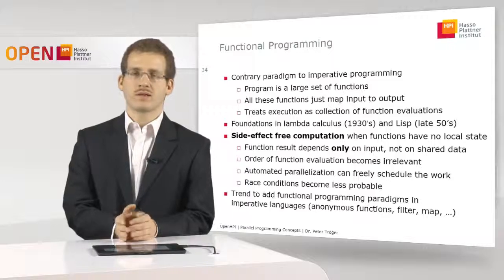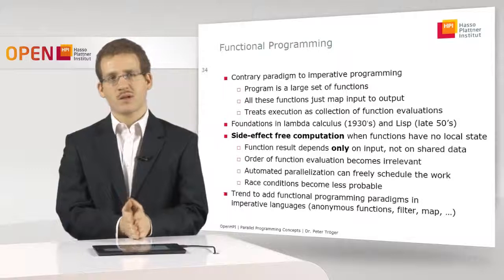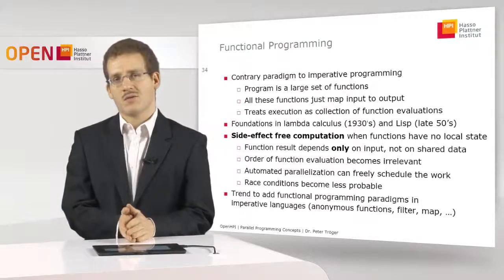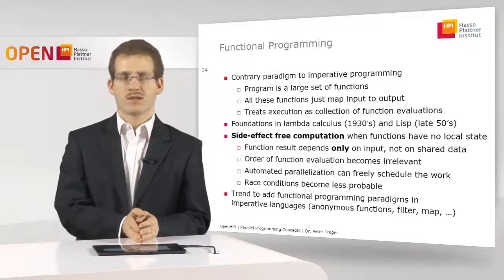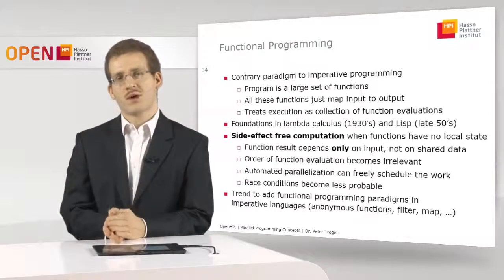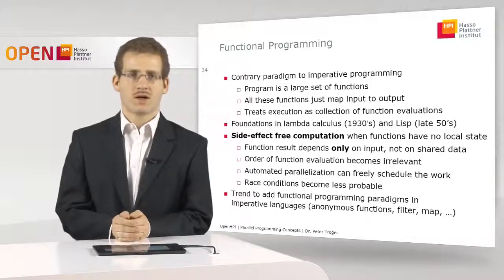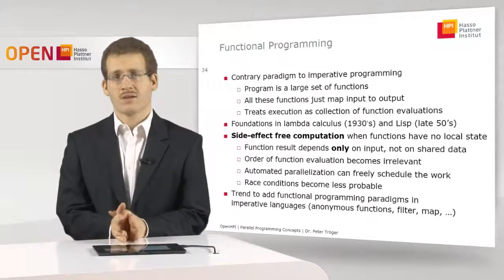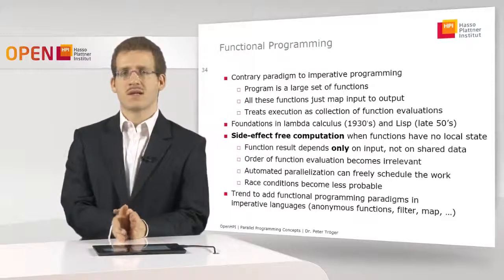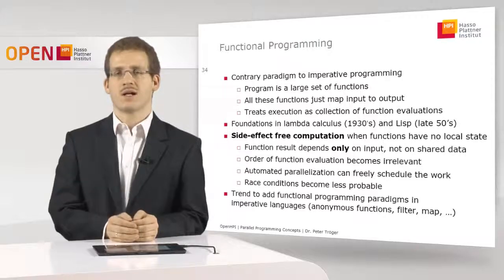Functional programming is a different approach to the so-called imperative programming. So instead of writing down a control flow where you state in your program, first do this and then do that, you define your program as a sheer collection of functions. These functions are intended to be side effect free. Side effect free means that the result of a function only relates to its input values and nothing else.